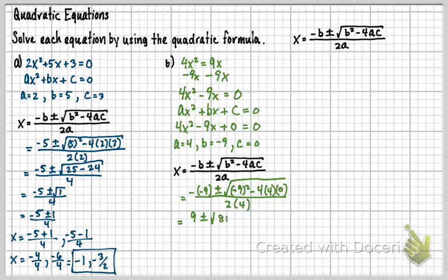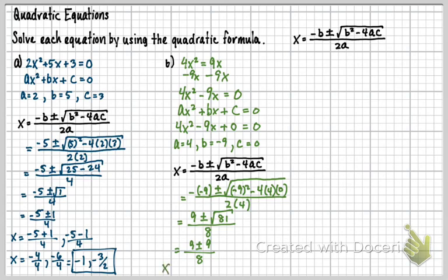So I really get 81 minus 0, but I'm not going to put the minus 0 in there. So it's really just the square root of 81, over 8. And the square root of 81 is 9. So I really get 9 plus or minus 9 over 8.